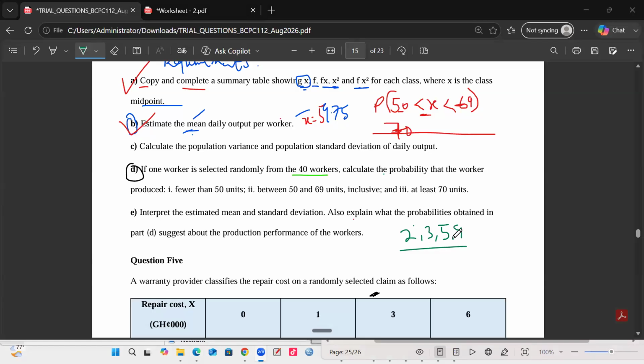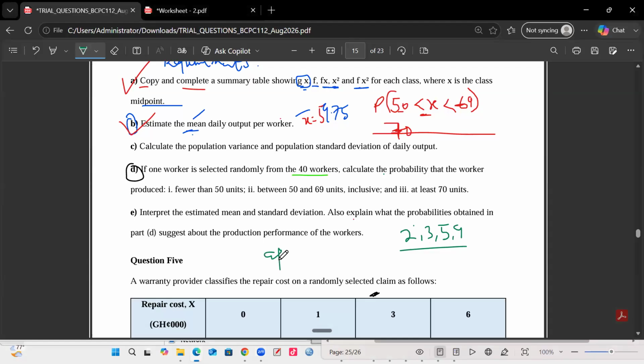If I say at most 9, at most means the biggest. The highest of all the figures should be 9.